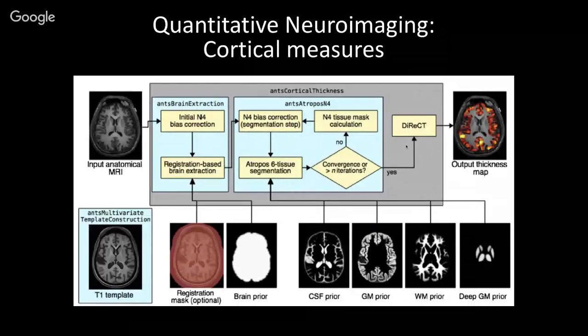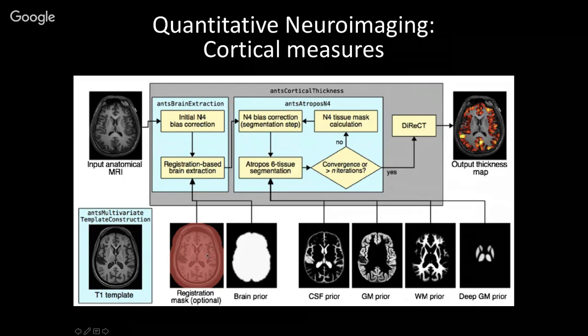One of the approaches that has been around for a little while now is the ability to quantitatively interrogate the gray matter within the brain. Cortical measures have been used for a number of years now, and the basic approach to acquiring quantitative information on cortical measures involves taking an anatomical MRI of the brain and inputting it into a model that allows for the removal of the tissue around the brain, including the skull.